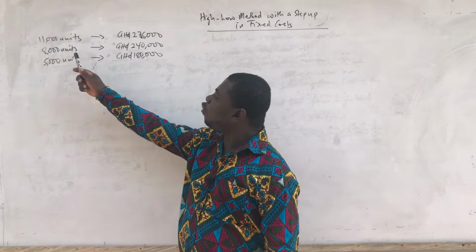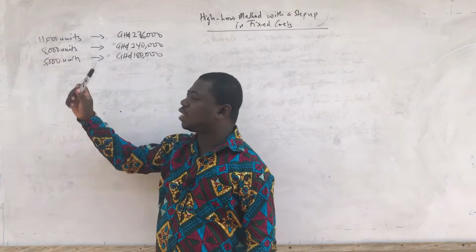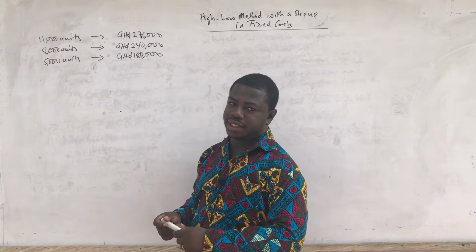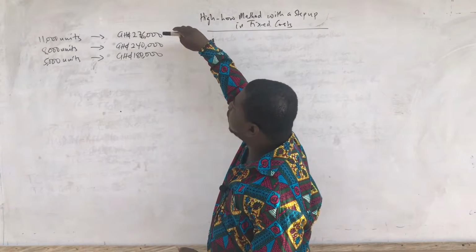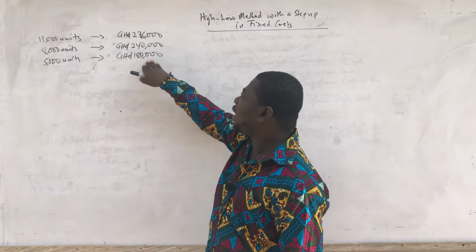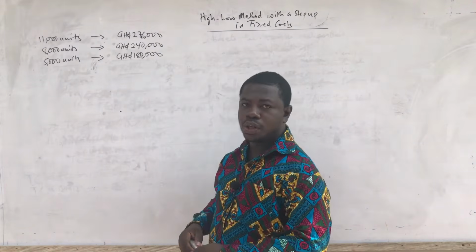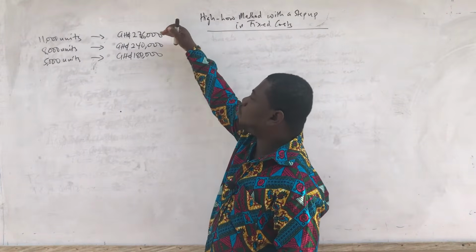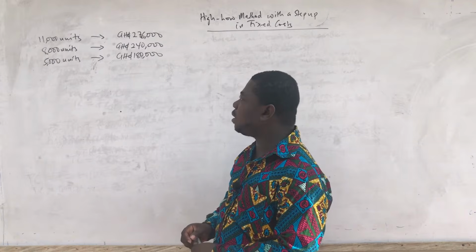It means that for these 2 activity levels, 8,000 and 11,000, fixed cost has already increased by 20%. And therefore, there is an increase. The fixed cost in the 5,000 activity level is different from the fixed cost in these 2. And so, these 2 have the same fixed cost, and this one does not have the same fixed cost.